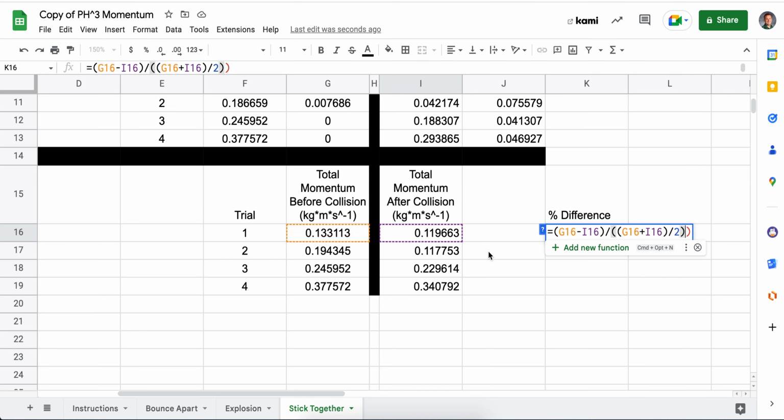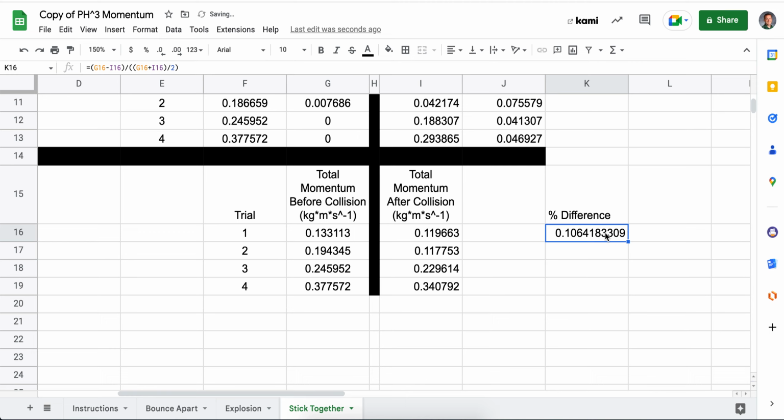You can see if my parentheses are good. If there's a red parenthesis, it basically means there's no matching one. So I'm going to get rid of that. And then I'm going to turn that into a percent of 10%, which again in physics is actually a pretty good result for the data that we collected.